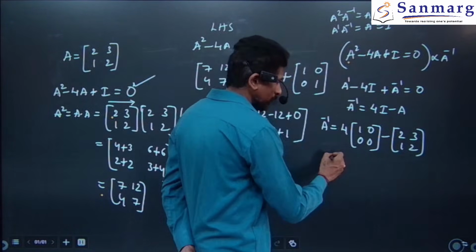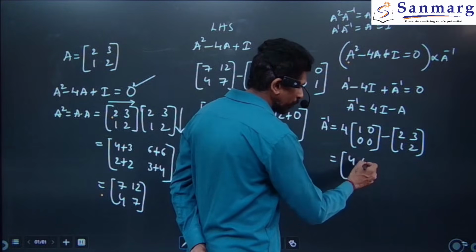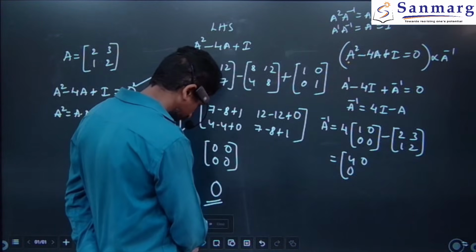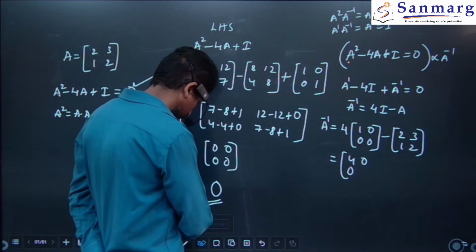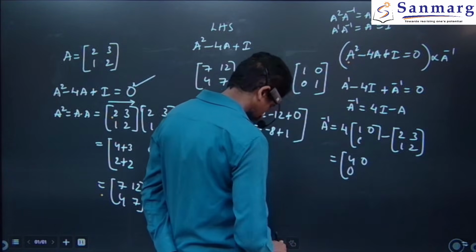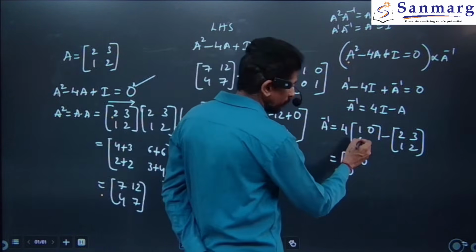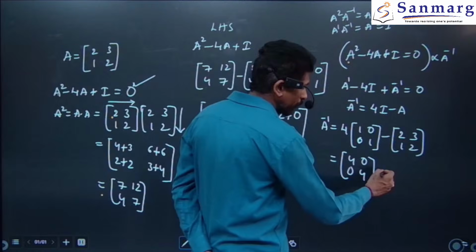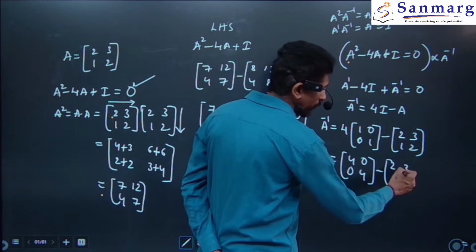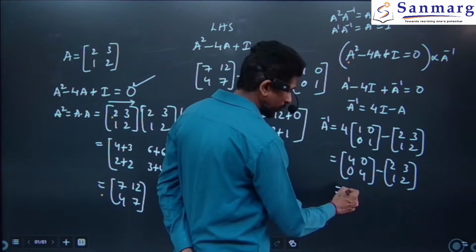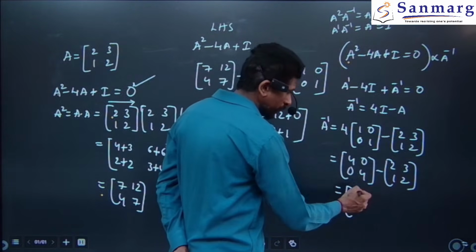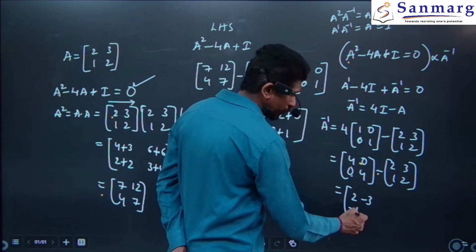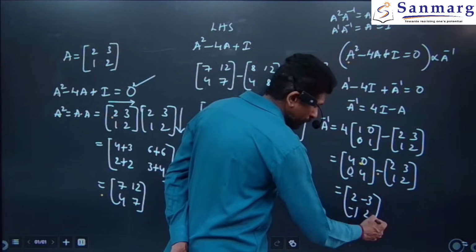You subtract 2 3 1 2, and automatically we get the A inverse matrix. So 4 minus 2 is 2, 0 minus 3 is minus 3, 0 minus 1 is minus 1, 4 minus 2 becomes 2.